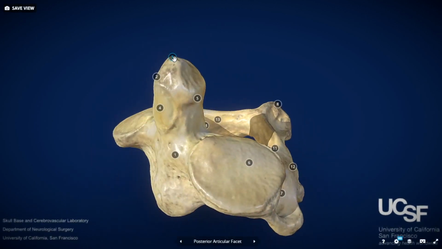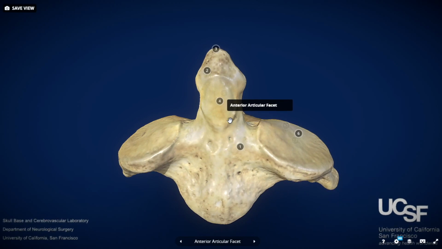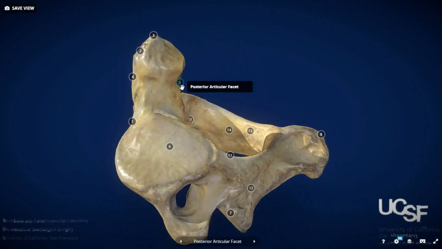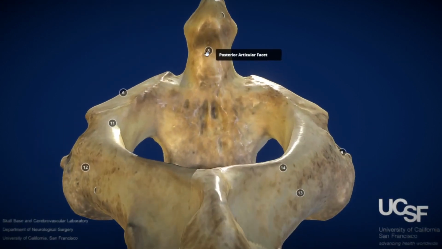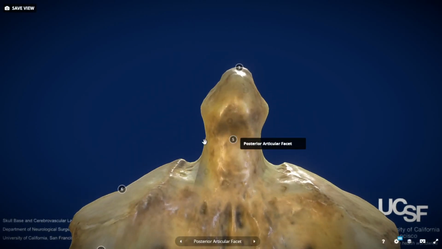So anteriorly, the anterior articular facet articulates with the posterior articular facet of the anterior arch of C1, whereas the posterior articular facet is going to serve as a place for the attachment of the transverse ligament.